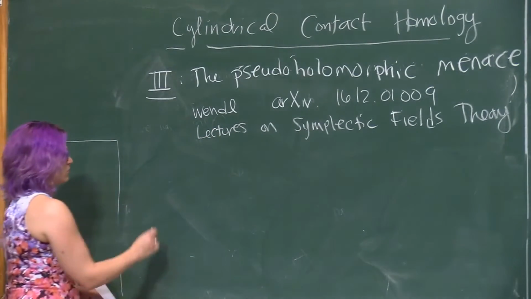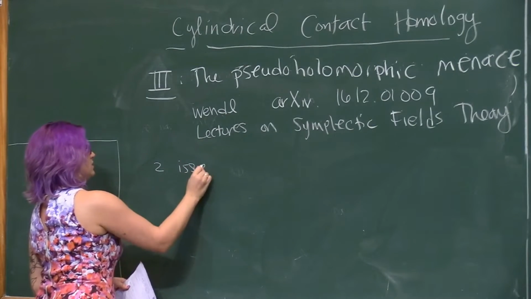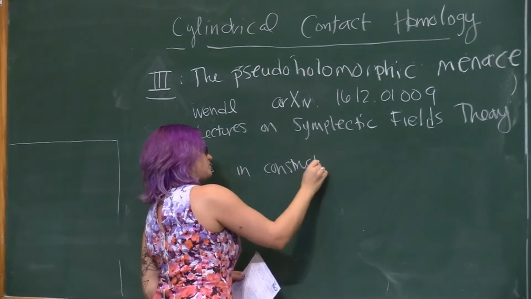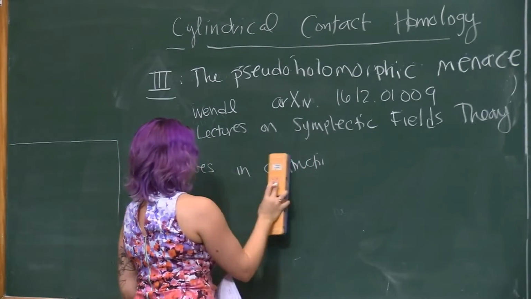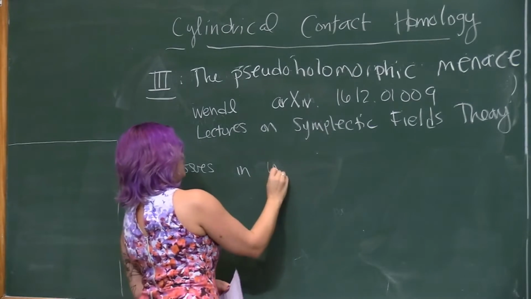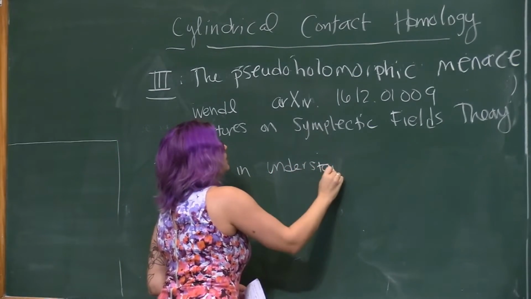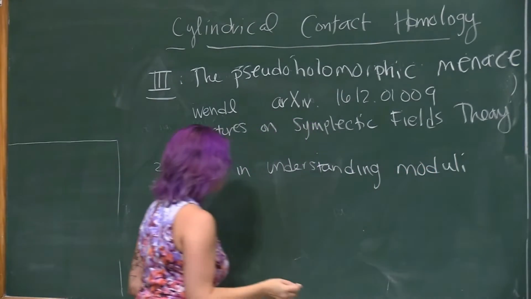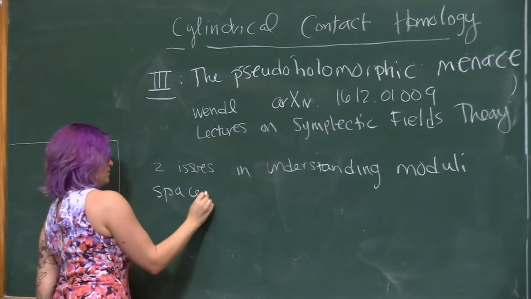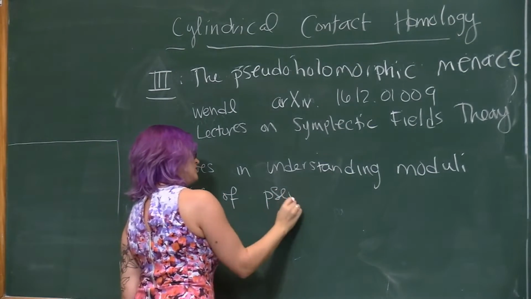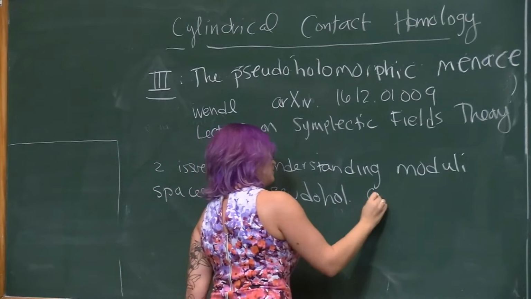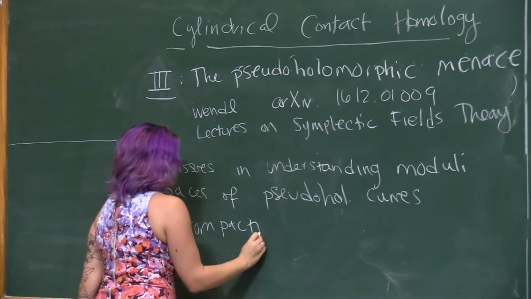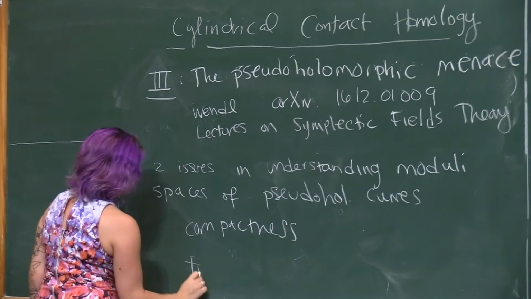And so there's two issues in understanding, let's say, moduli spaces of pseudo-holomorphic curves. They are going to be compactness and transversality.